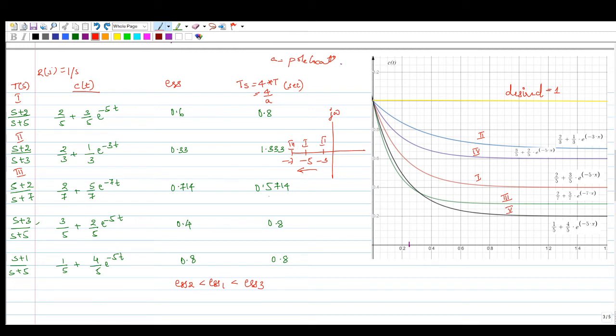The second inference we make here is with respect to settling time. Settling time will tell us the speed of the system.